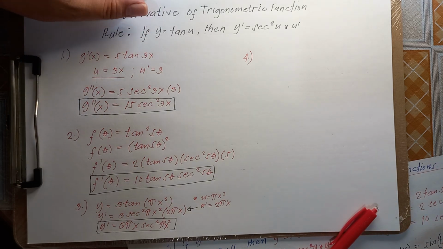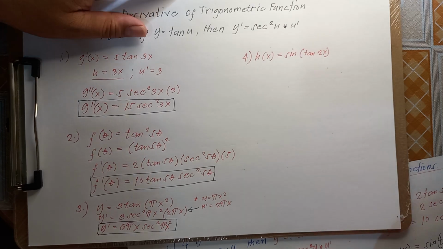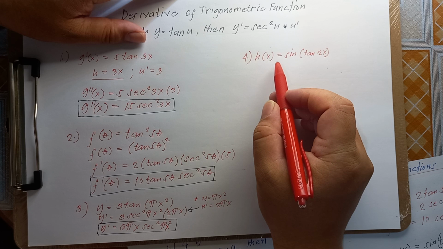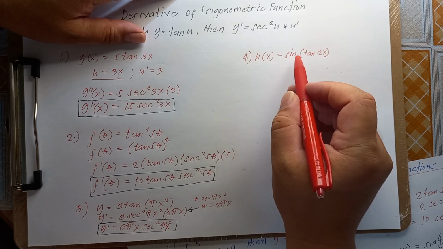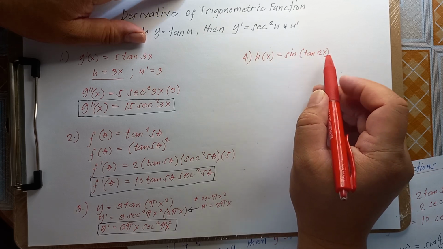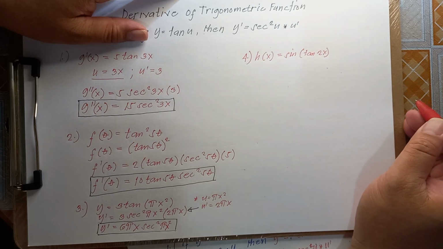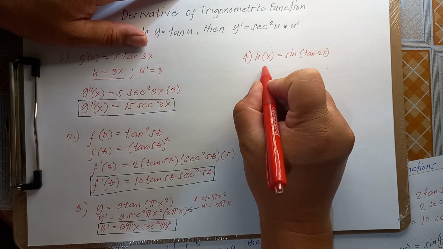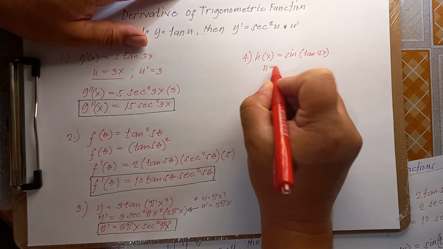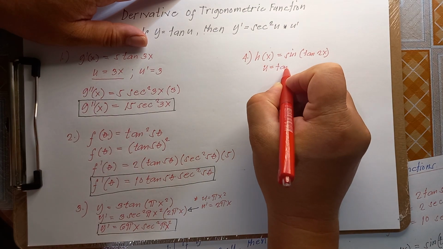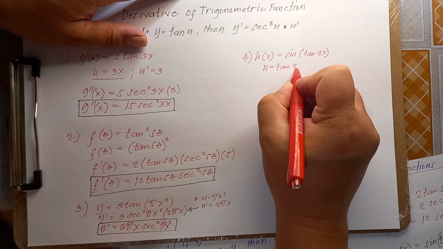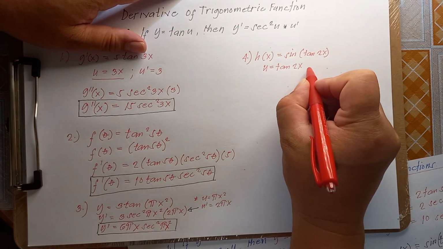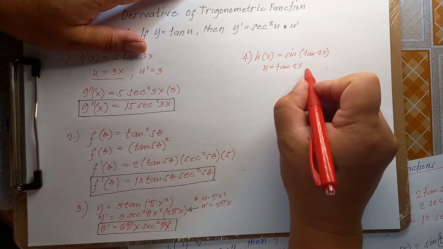Now, what about number 4? To solve number 4, which is h of x equals sine of tangent 2x, we have to identify again our u. Our u is actually tangent 2x. After identifying our u, we have to get the derivative.